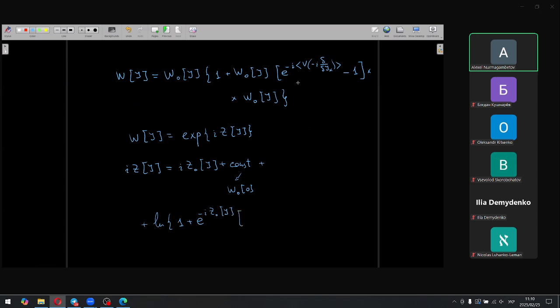Here we have the same operator as in these square brackets, exponent of minus i V depending on minus i, a functional derivative over external sources, minus i applied to exponent of i W_0 depending on external sources J.